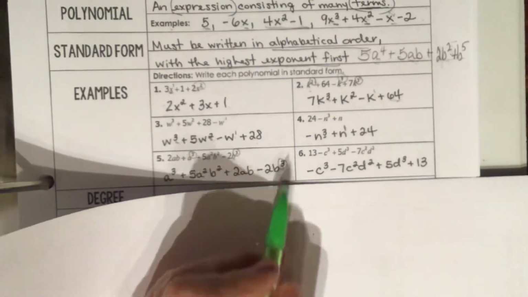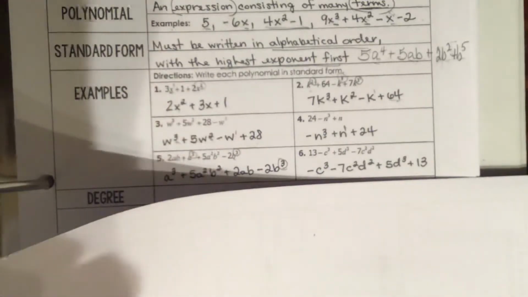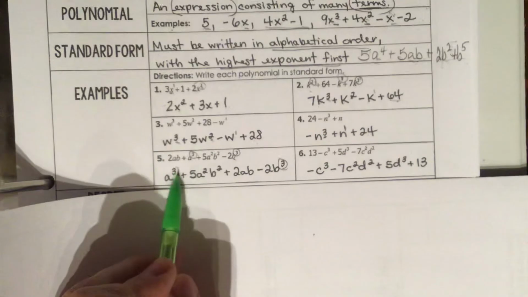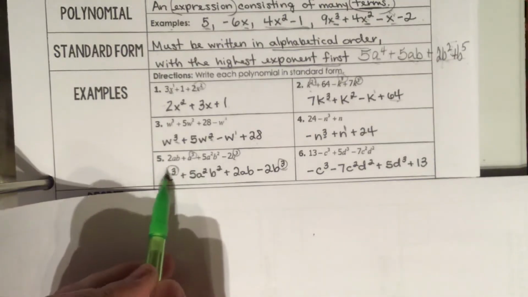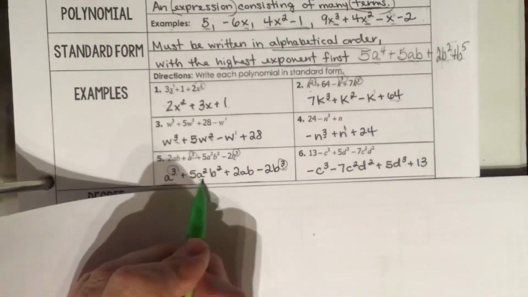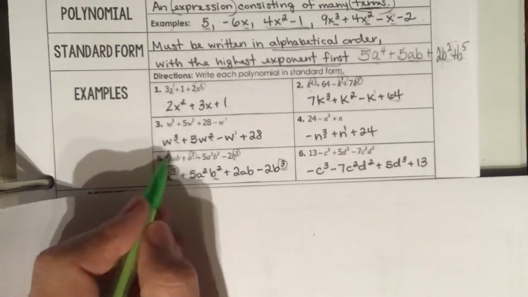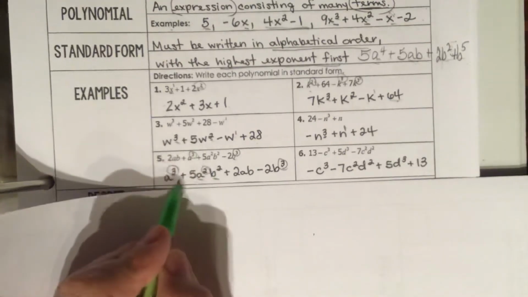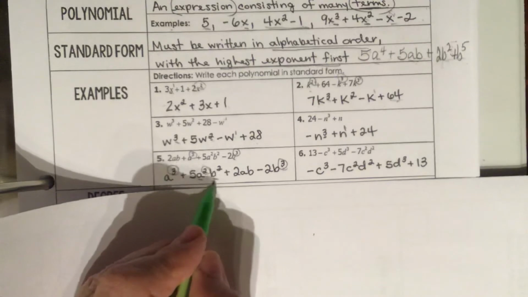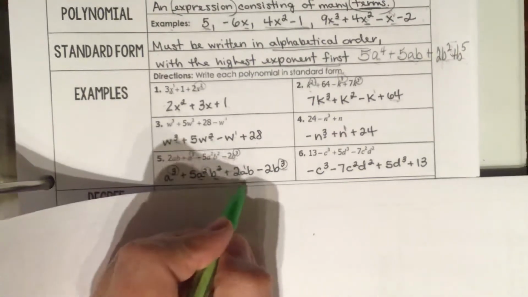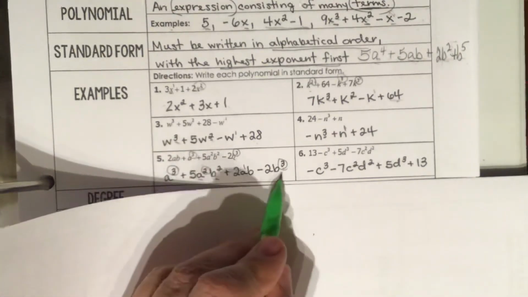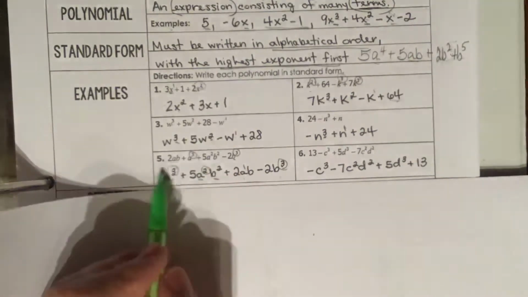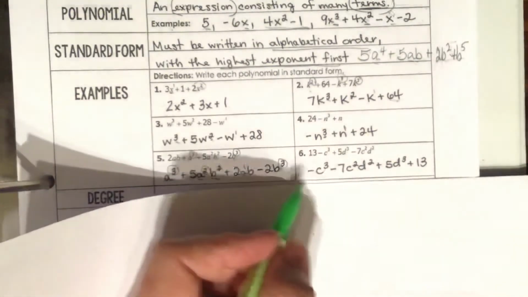The highest root of B is going to be at the very end. The highest root of A is going to be first. So then we have AB, the squared. A squared would be second. Doesn't matter what this term is. A to the first power would be next, and then B to the third. So you do have to do them in those orders.